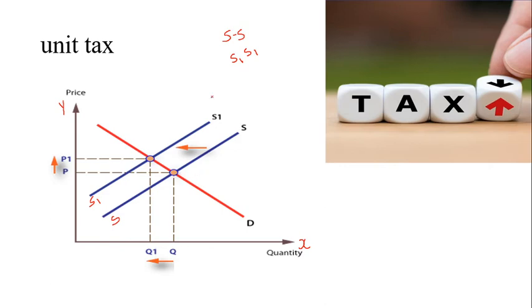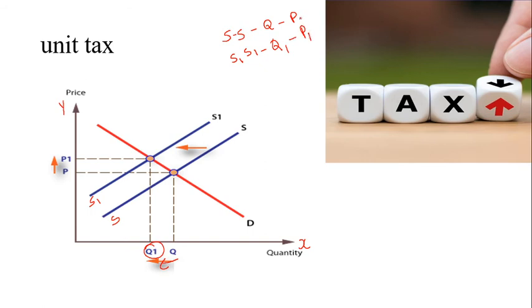At S, you were producing Q amount of output, and the price was P. When the supply curve shifted towards the left side, there is a new output which you are going to produce, from Q to Q1. Here you are going to produce Q1 amount of output at price P1.